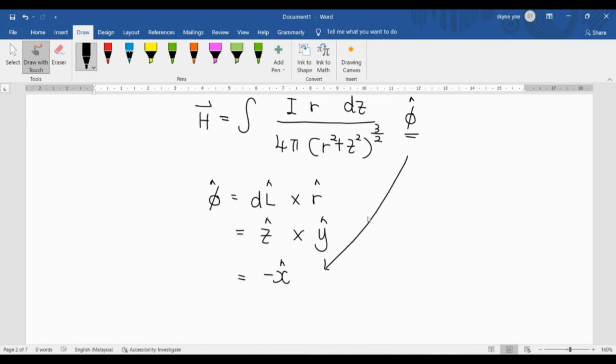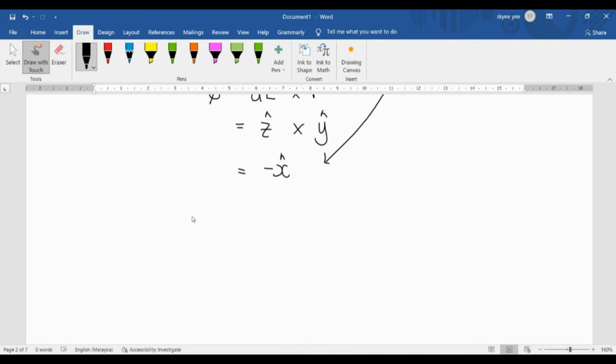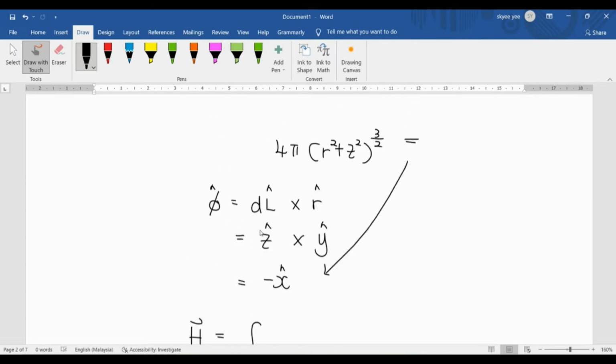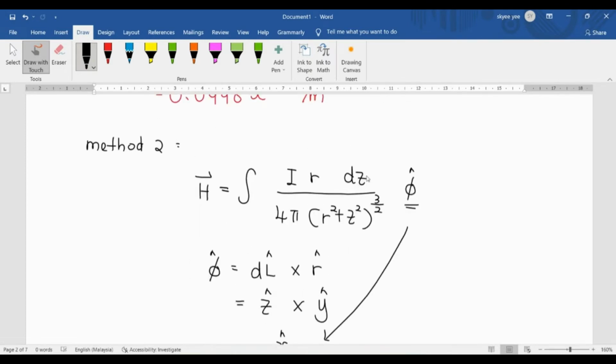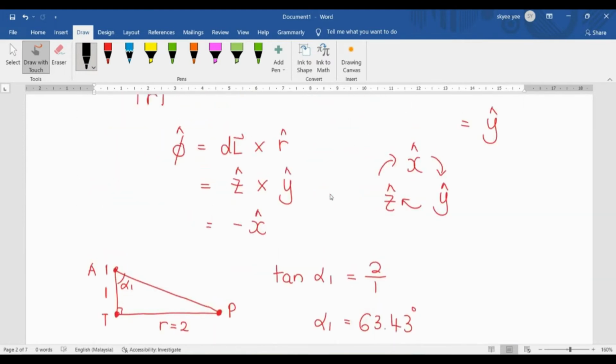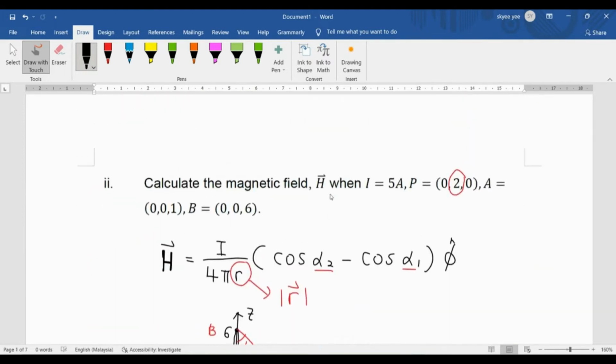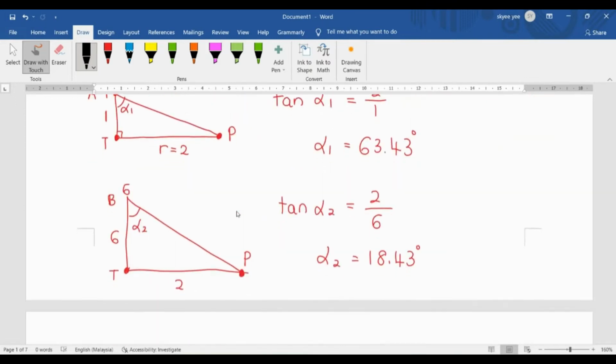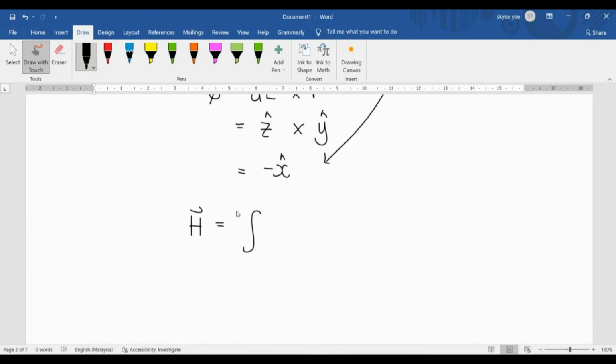But for this one, you can put the values into it. For the length of this current filament, the question says it is from 0,0,1 to 0,0,6. So the z positions will be from 1 to 6. Current is 5.